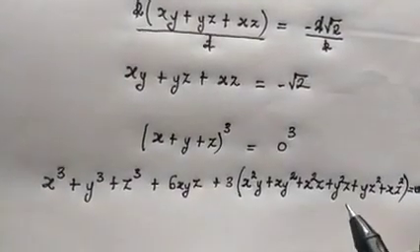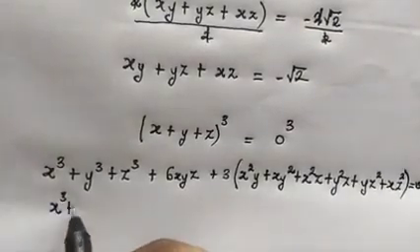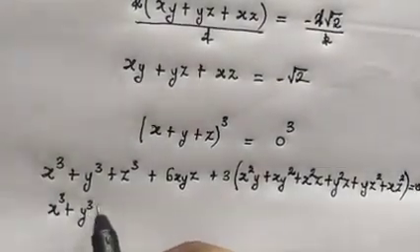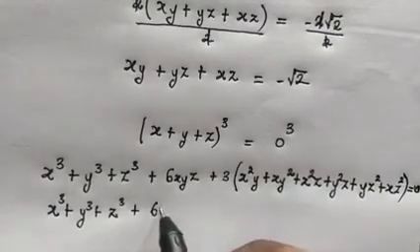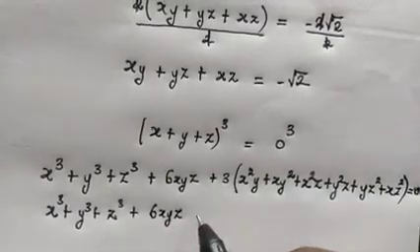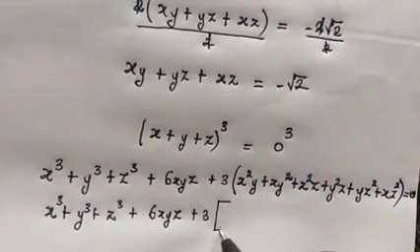So from here we have x cubed plus y cubed plus z cubed plus 6xyz, and then plus 3 into bracket.